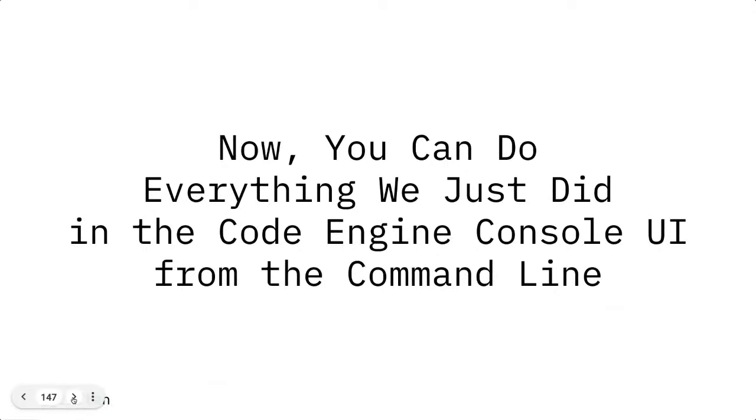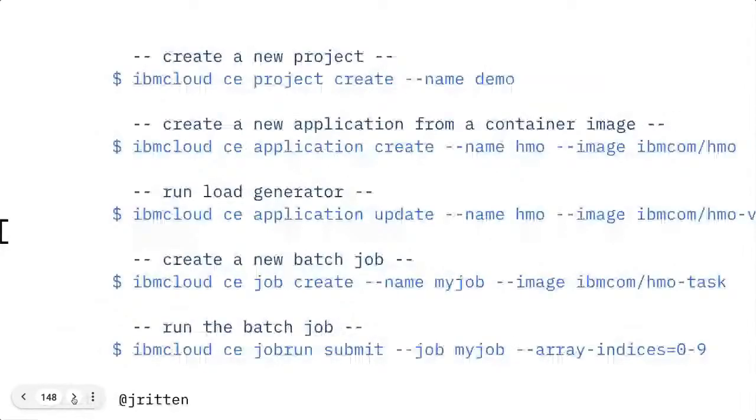We're going to dive into working with the CLI a lot more tomorrow. But just to show you an example of what we're going to be working with tomorrow and how quickly and seamlessly you can get up to working with the Code Engine CLI, you can do everything we just did, this entire workshop, in the Code Engine console UI from the command line in just 5 commands.